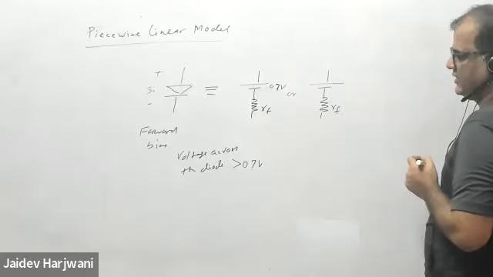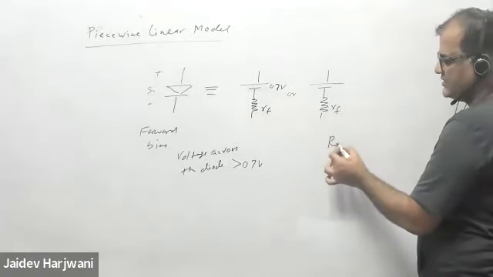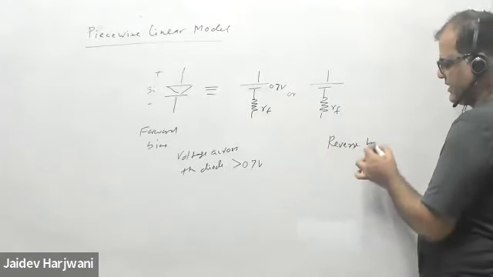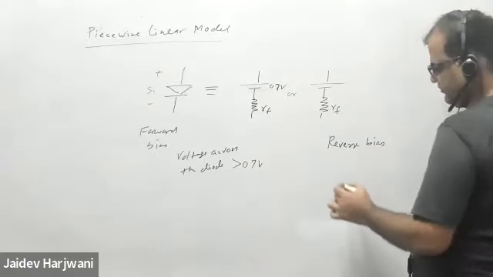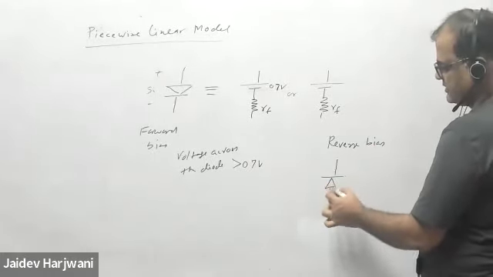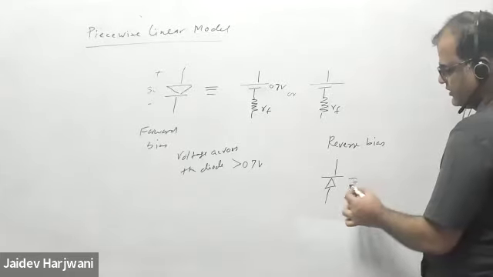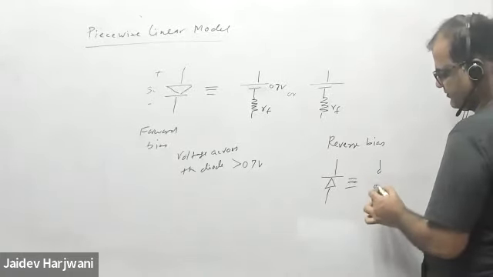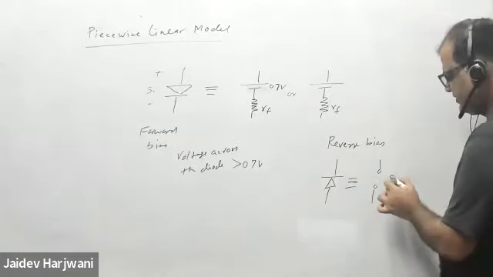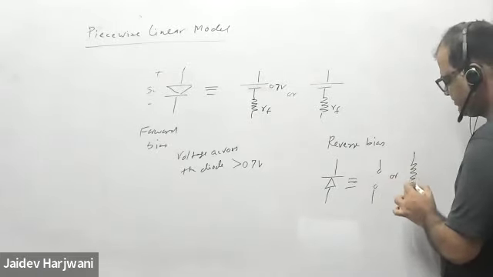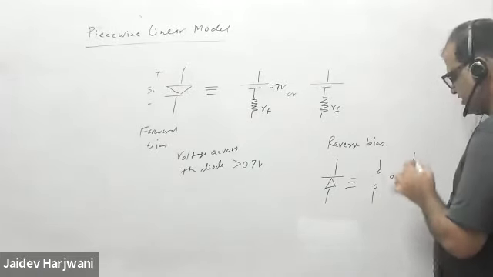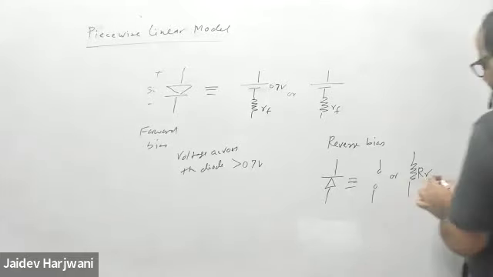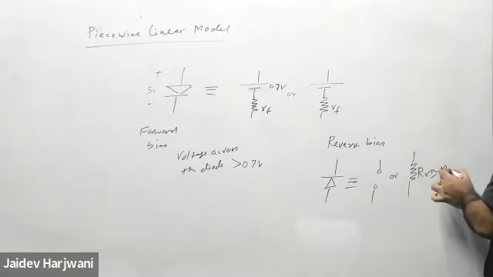That is in the forward bias, and the reverse bias case is the same. If the diode is reverse biased, then you can treat it as open circuit, or sometimes a reverse resistance will be given, which is generally of the order of mega ohm, very high.